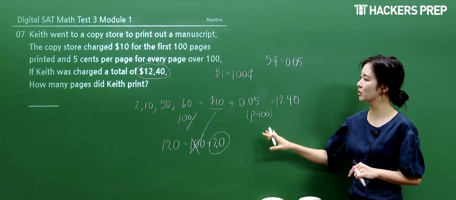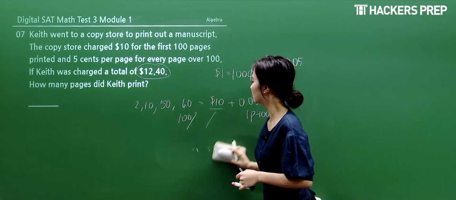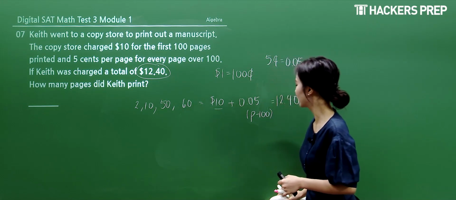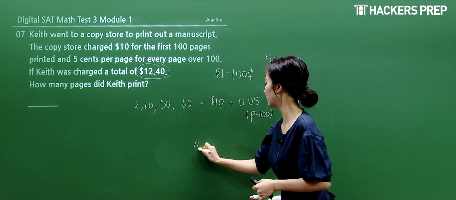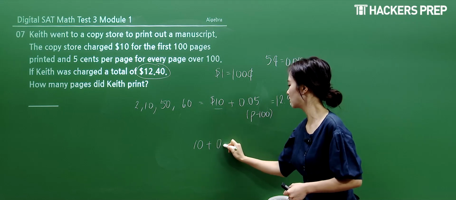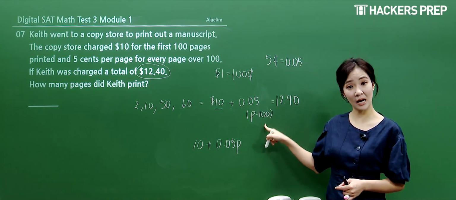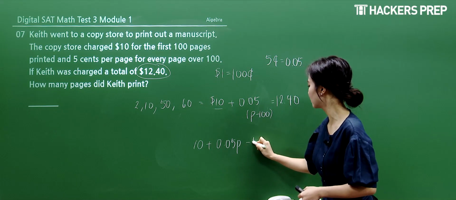Now, all we have to do is simplify this expression and then solve for the value of P. So I'm going to expand the equation. 10 plus 0.05P, and 0.05 times 100 is going to be 5.